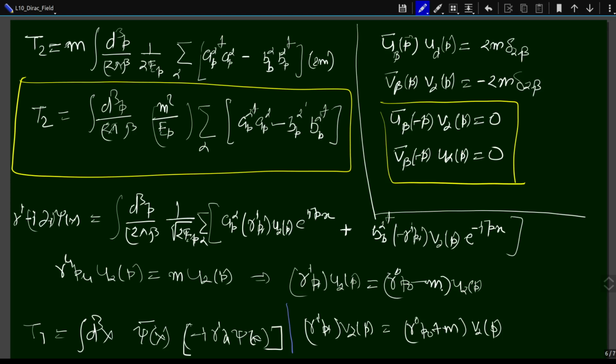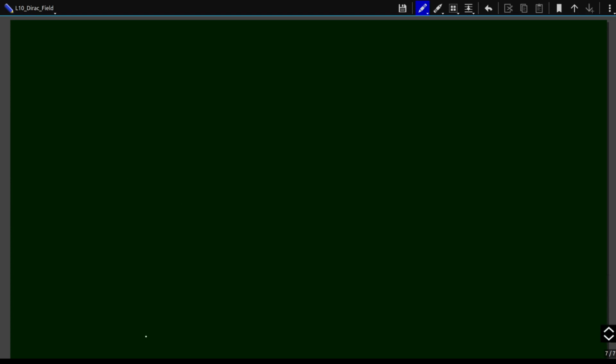So as you can see, my T1 is here. T1 is a product of this term, which we are going to write, and psi bar, which we have already written. Again, what we need is that they will have 4 terms, and we can already say that certain expressions will be there.